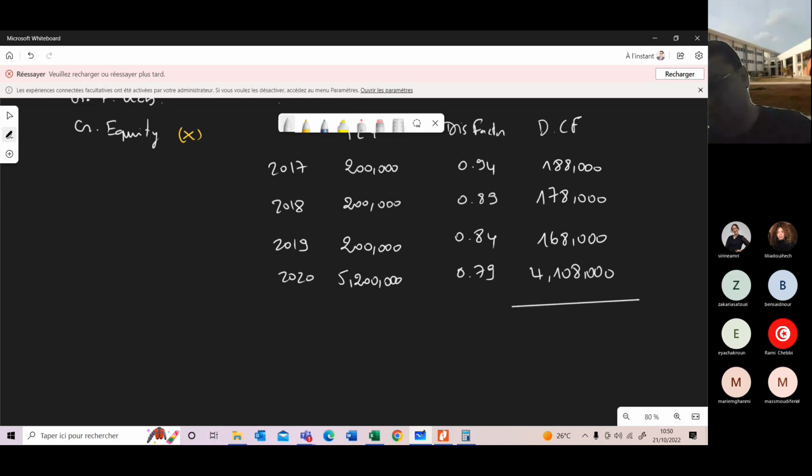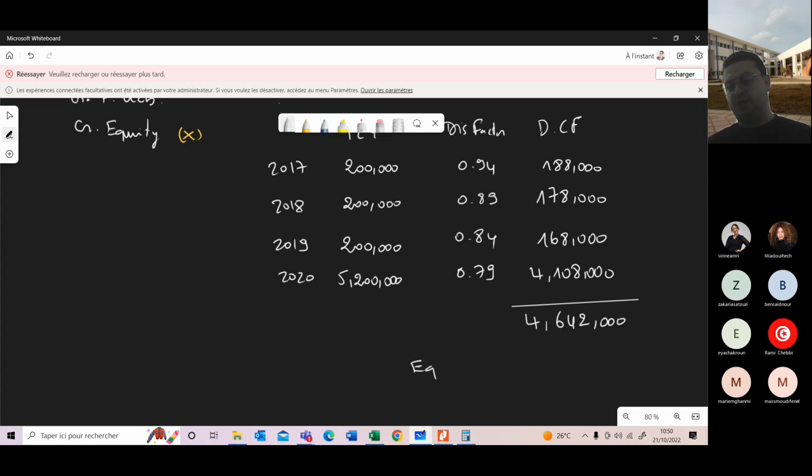As usual, we do the sum: 4,642,000. So the equity is 358,000.